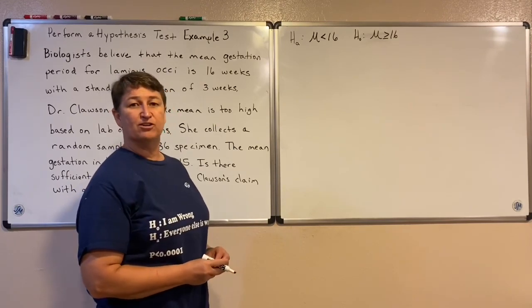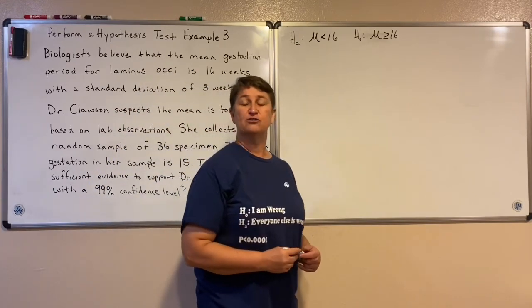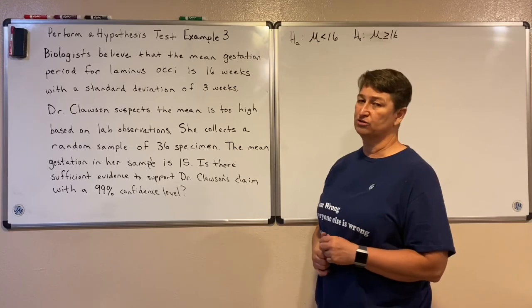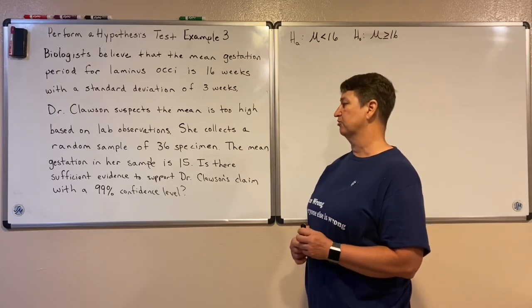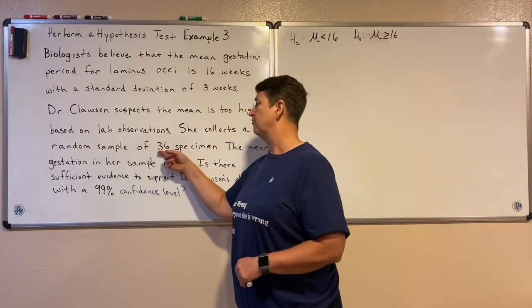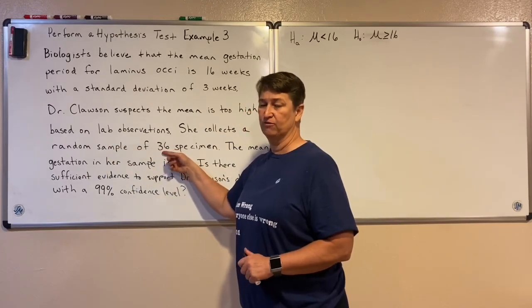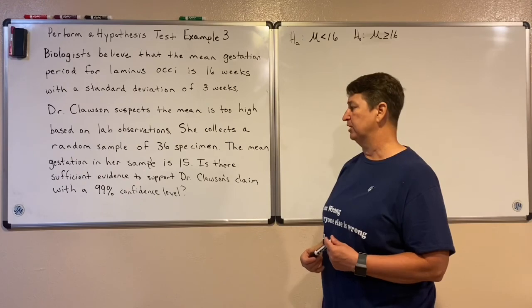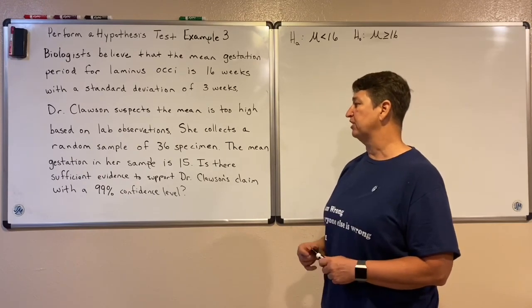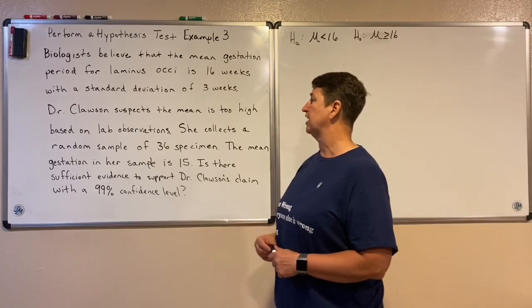Then we have to decide on what distribution our test statistic is going to belong to. So we look for our clues to let us know what distribution it belongs to. We see that she collected a random sample of at least 30 specimen. Then we also see that we know our population standard deviation.